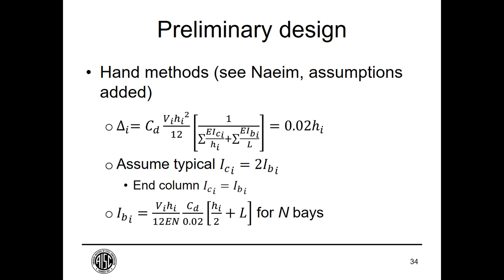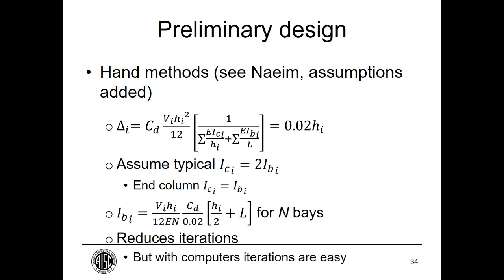However, I will say that nowadays, with the analysis software that we have, it's pretty fast to hone in on a solution through iteration. So I'll leave it up to you how you want to begin the process, but it is an iterative process to select members that will get you to your drift limit.